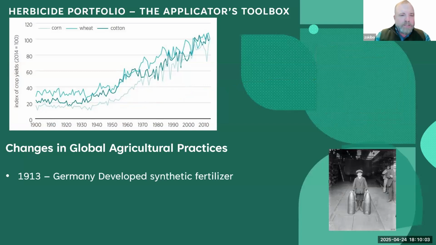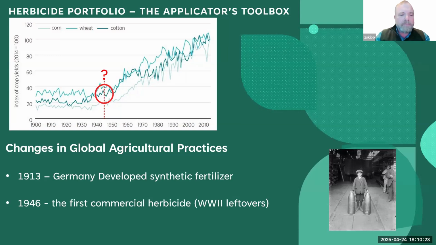And you'll note that food production really didn't change until about the mid-1940s. So when I'm presenting to a live audience, my question always becomes, what happened in the mid-1940s that could possibly change food production rates? And honestly, that really came from 1946.